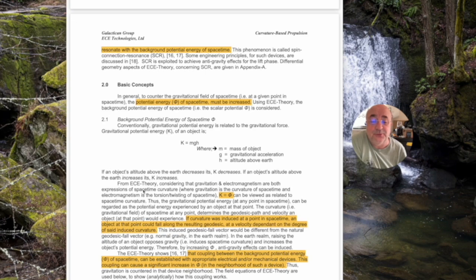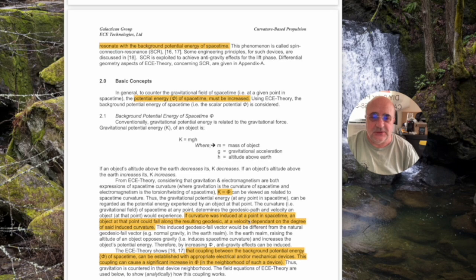Thus, the gravitational potential energy at any point in space-time can be regarded as the potential energy experienced by an object at that point. The curvature, in other words, the gravitational field of space-time at any point determines the geodesic path and velocity an object at that point would experience. So if curvature was induced at a point in space-time, an object at that point could fall along the resulting geodesic at a velocity dependent on the degree of said induced curvature.